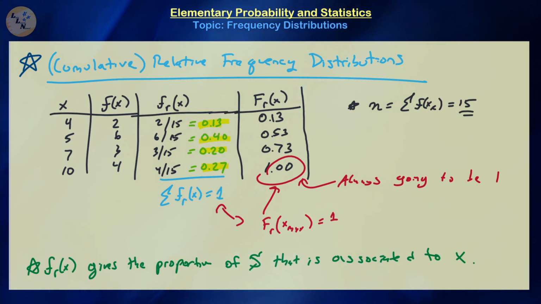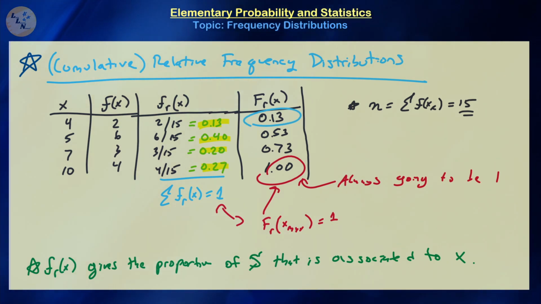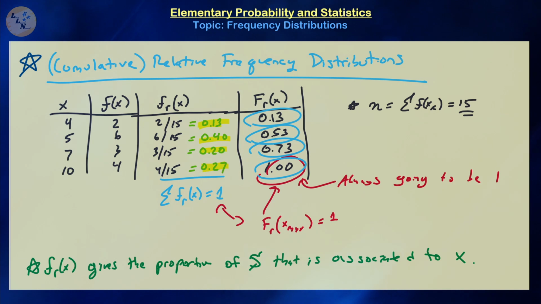So if we look at the cumulative relative frequency, 13% of the data is less than or equal to 2, and then 53% of the data is less than or equal to 5, and then 73% of the data is less than or equal to 7, and 100% of the data is less than or equal to 10. So you can see a very obvious application of the cumulative relative frequency. These numbers can help us get percentiles, right? So that's an obvious application that we could get from the cumulative relative frequency.